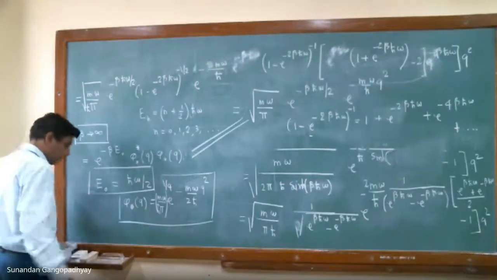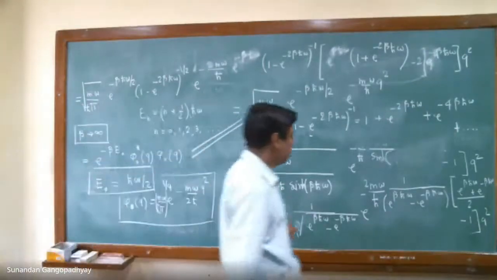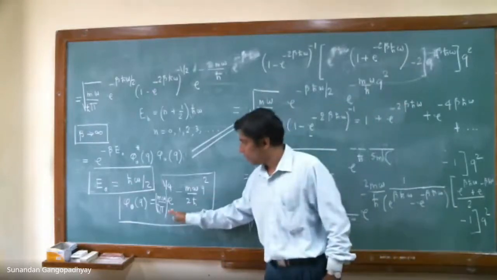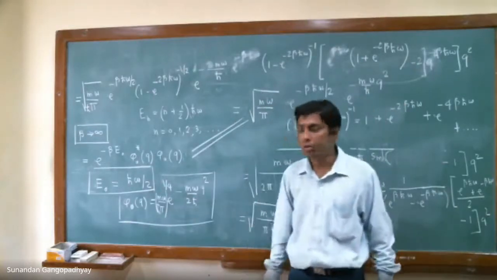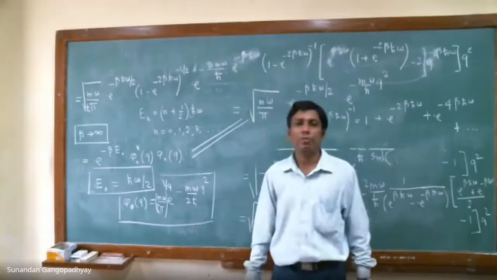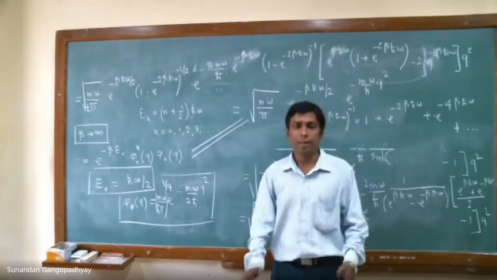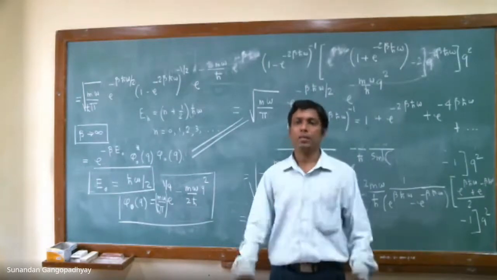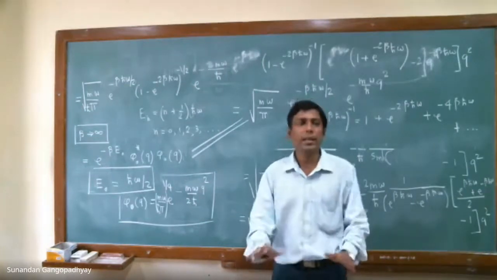So what we have shown is that you can actually calculate the energy eigenvalues and the energy eigenfunctions of a system by calculating the propagator of that system. So this is the key point.